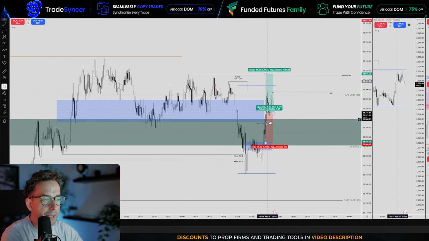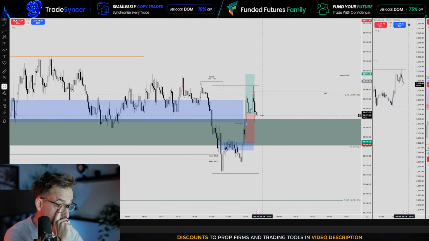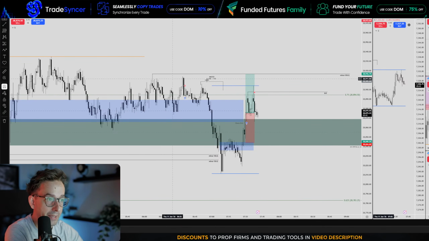And right now, price is basically at 50% of the current range, from high to low. So it's right now technically no man's land. Relative equal lows below us, but it really grabbed minor sell side liquidity. And the question is, does it want to push here to buy side?